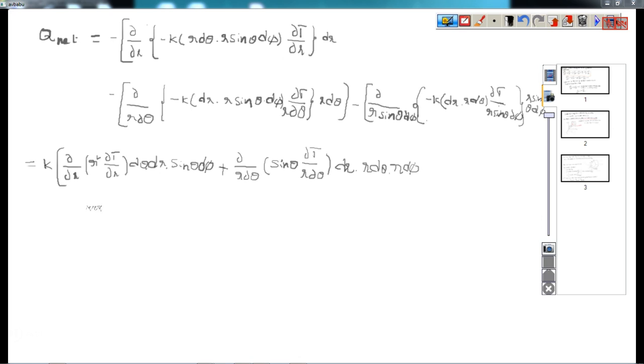Then plus dou by r sin theta into dou phi of dou t by r sin theta dou phi, I'm not taking anything inside the bracket.